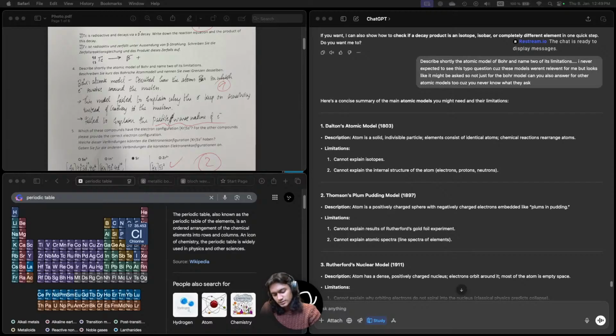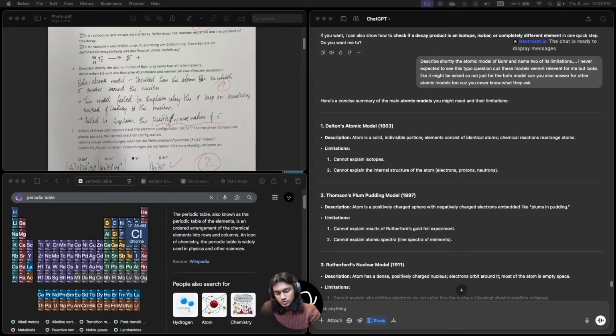Okay, that makes sense. The internal structure of an atom: electrons, protons, neutrons.